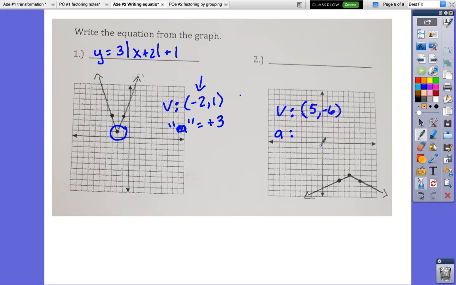And your A value, in other words, your slope, it opens down. So is it positive or negative? Negative. And it goes down 1 over 2 both ways. So -1/2. So put it all together. Do not forget the absolute values here. -6.